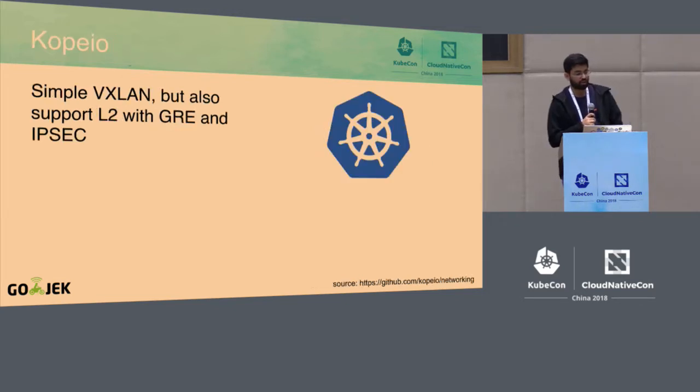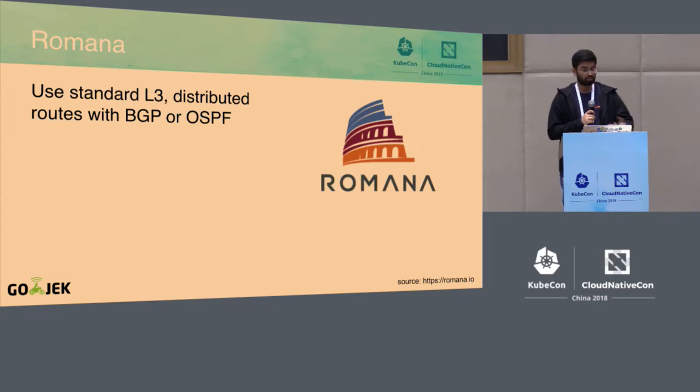Cop.io is another VXLAN-based CNI plugin. Supports L2 with GRE and IPsec for encryption. The last one is Romana. It is also an L3-based CNI plugin, which works with BGP or OSPF.